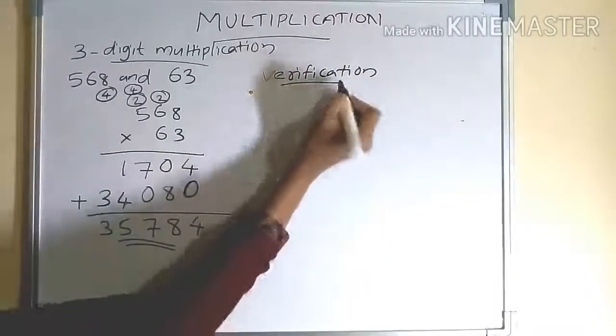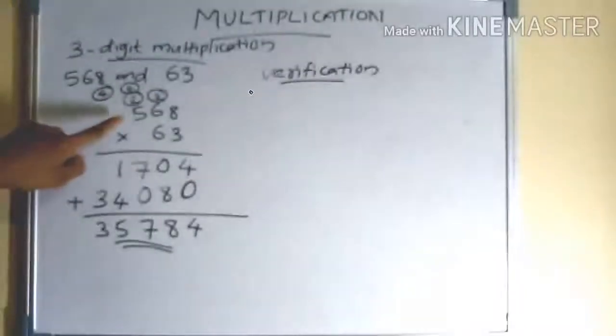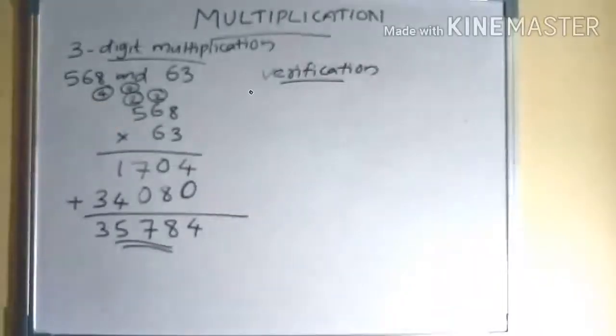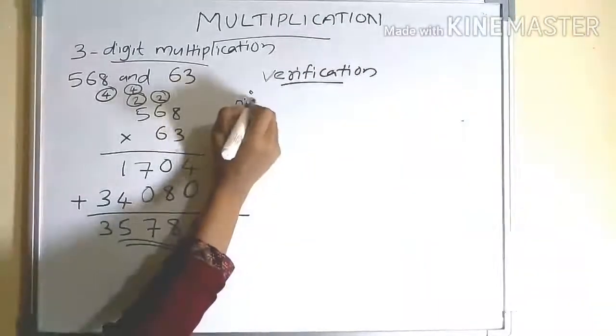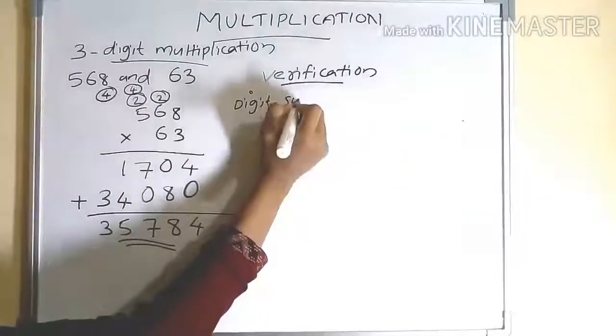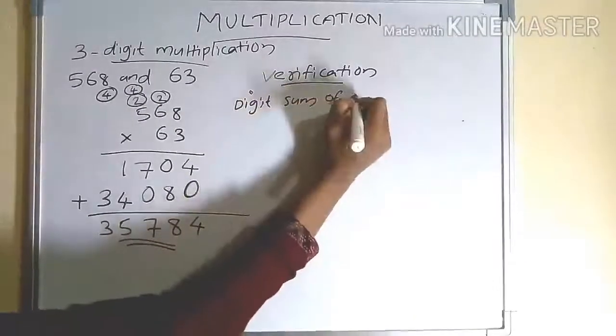In this question, we know that the first number 568 is the multiplicand and 63 is our multiplier. For the verification, first we write the digit sum of the multiplicand.